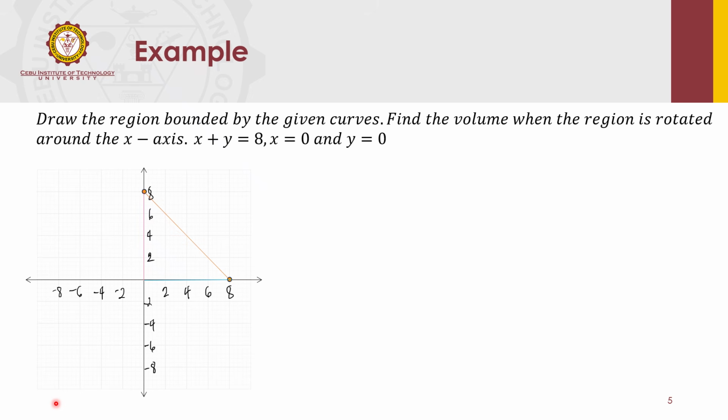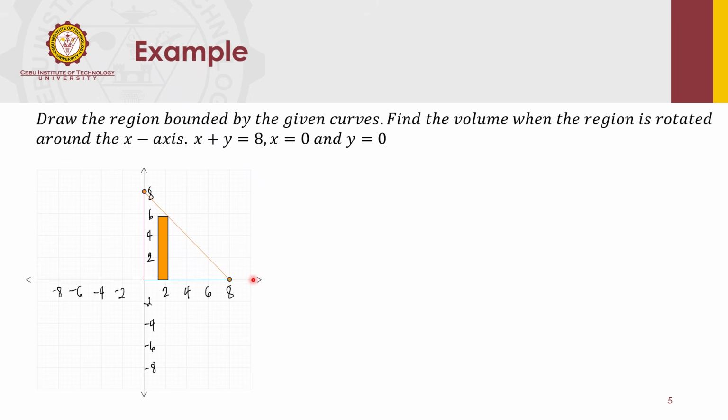You're going to write the expression for the radius of this vertical strip, and then we are going to set up the integral and evaluate it. In the circular disk method, we make sure that the strip lies on the axis of rotation, and the strip should be perpendicular to the axis of rotation.